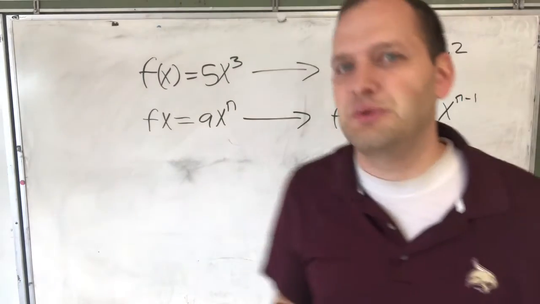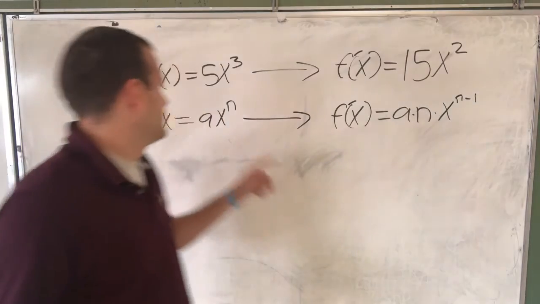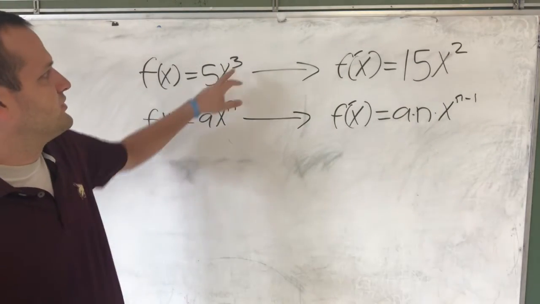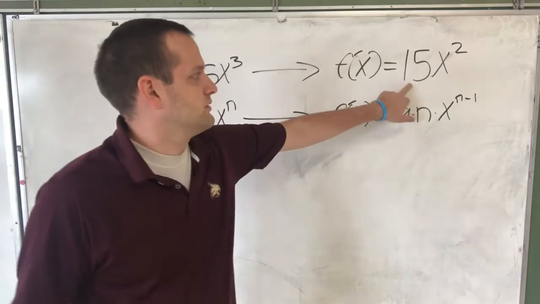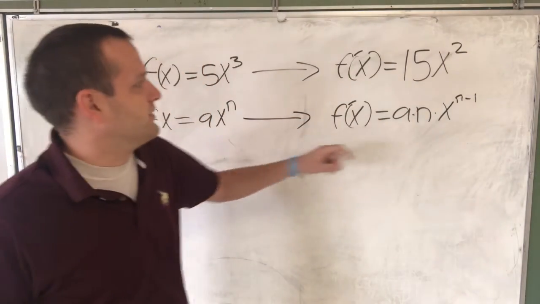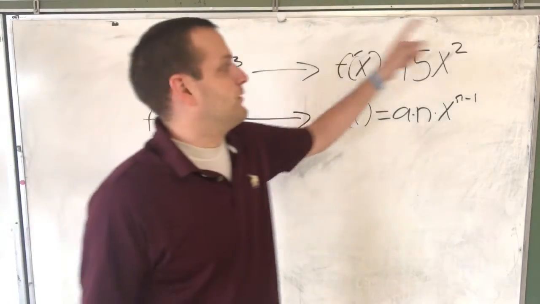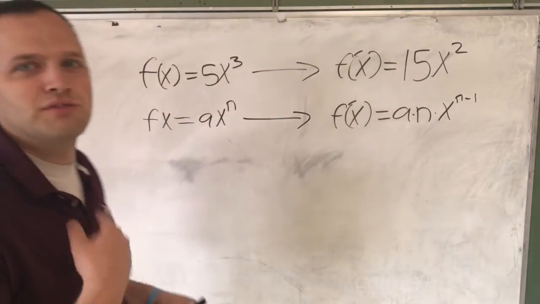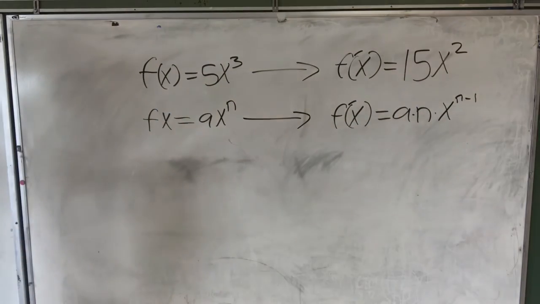You're just subtracting 1 from the exponent every single time. This n gets brought down, so 3 times 5 is 15. Then the new exponent is 1 less than the old exponent, so if it was 3, it's now 2. Kind of like it costs you an exponent to make this number bigger, to multiply it.